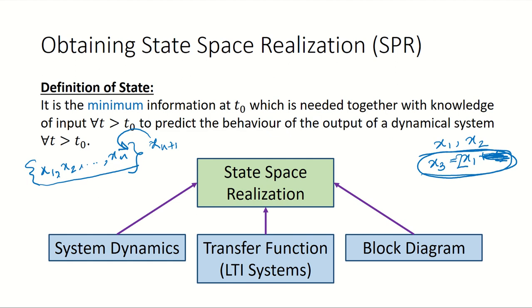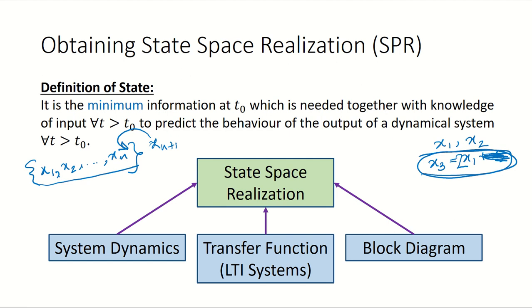So all the variables will be called state variables only when they are independent of each other, and any other independent internal variable which contributes to the dynamics of the system must also be included in the set of state variables.